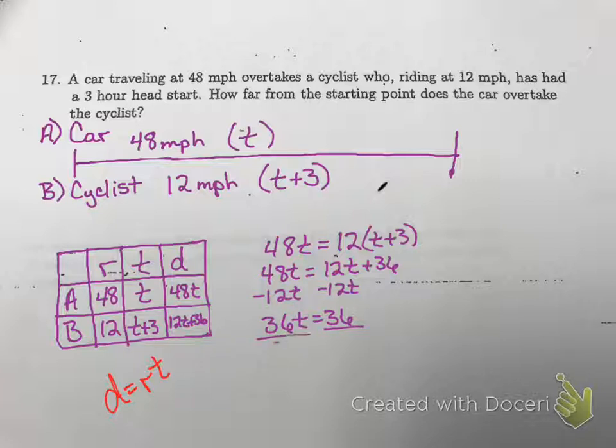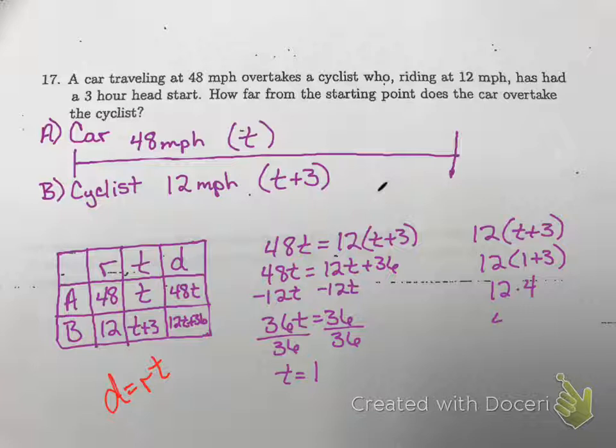I'm going to divide by 36 to get T alone. So T is equal to 1 hour. Okay, so if the cyclist has gone 12 miles an hour and it's ridden for T plus 3 hours, if T is 1, then that means we have 12 times 4 hours. 12 miles an hour times 4 hours gives us 48 miles.